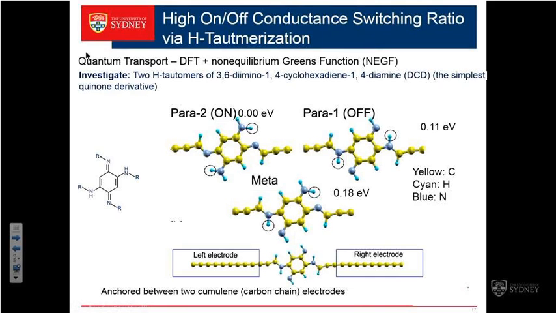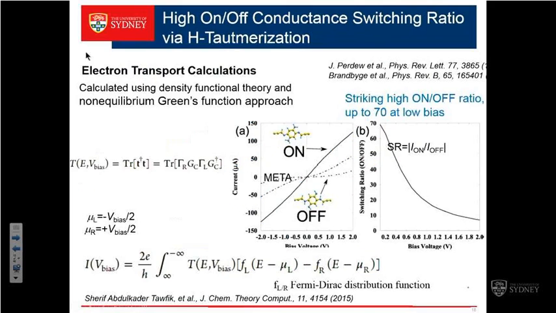So you can calculate that by creating some electrodes. In this case, it's just a chain of carbon atoms. And then using the theory, you can calculate using density functional theory, coupled together with a non-equilibrium Green's function approach, the quantum electron transport through that device.